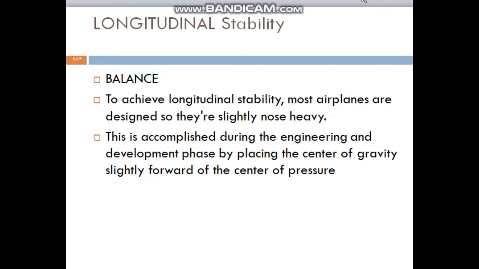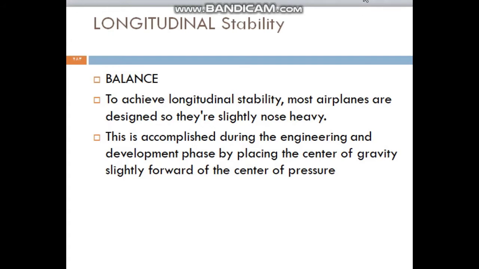Today we will talk about some types of stabilities in accordance with the aircraft axes. And we will start with the longitudinal stabilities. To achieve a longitudinal stability, most airplanes are designed so they are slightly nose heavy.